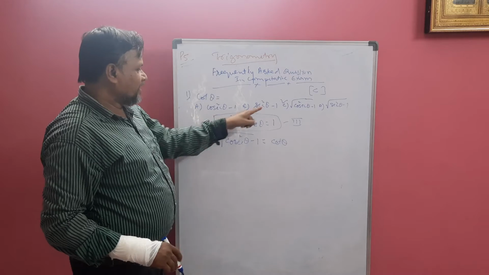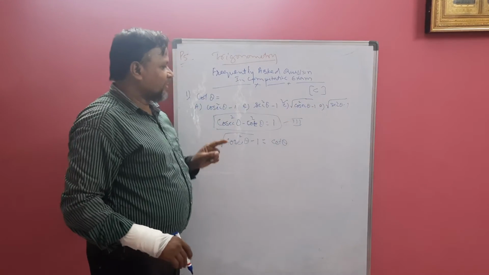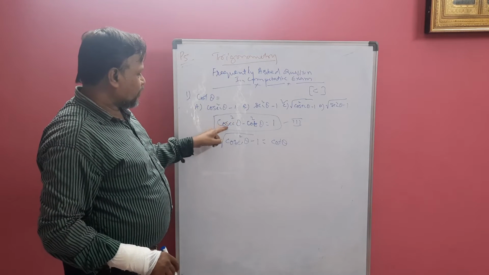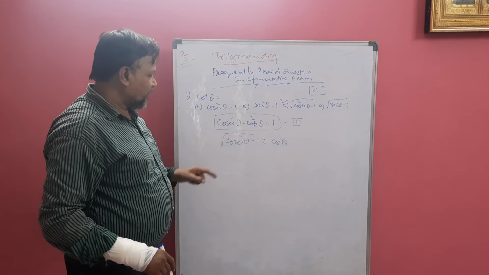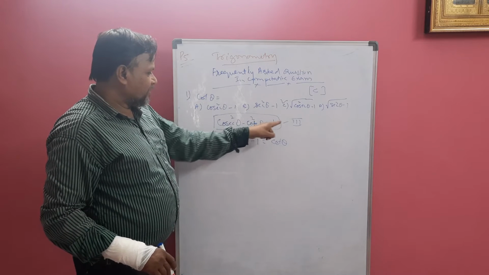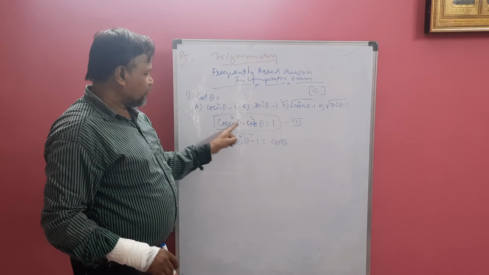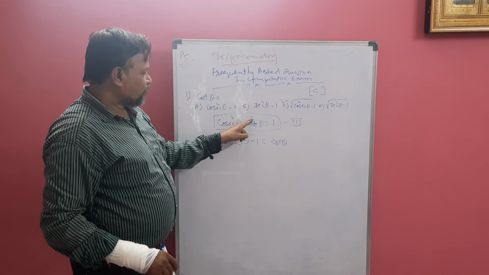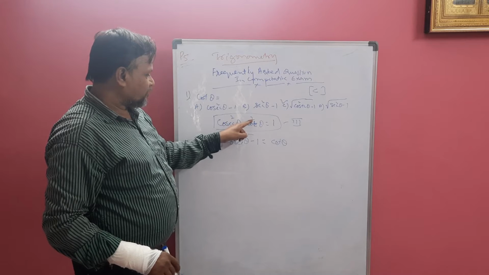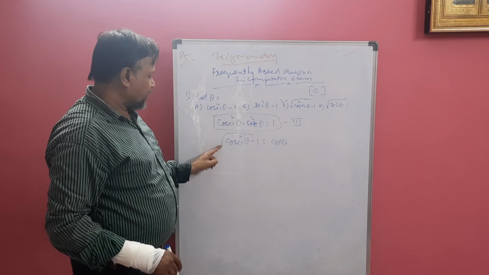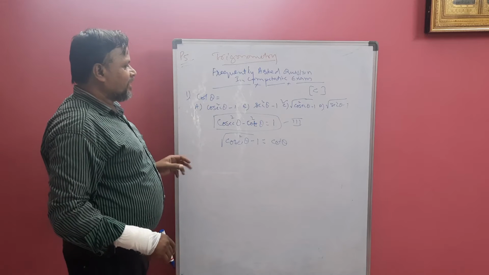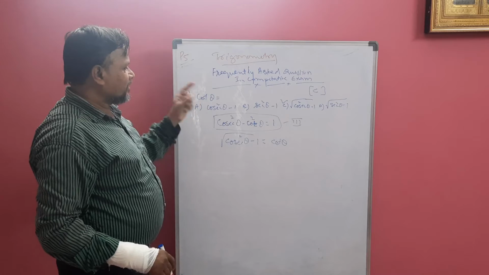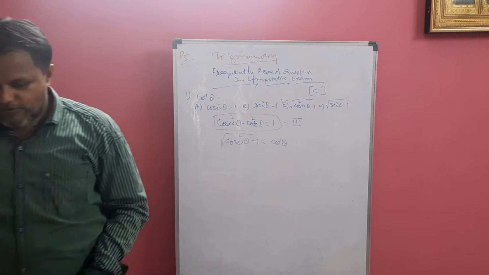Logically you have to think: the square identity is cosec square minus cot square equal to 1. So move this number to that side and this one to this side. If you move the square to the other side, it will become in root form. Like this we can find the solution very quickly, within seconds we can solve that.